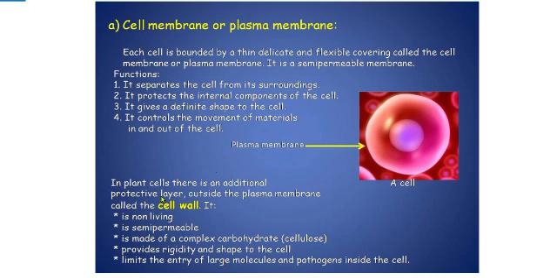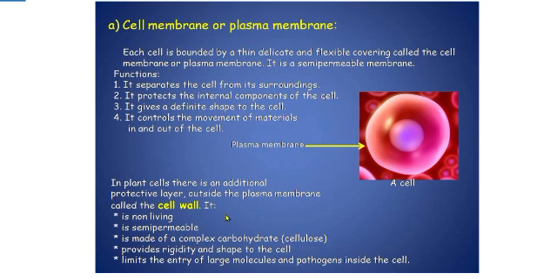Now, in plant cells, there is an additional protective layer outside the plasma membrane called cell wall. An extra covering is present in the plant cell, that is called cell wall. Cell wall is non-living. Cell wall is semi-permeable like the plasma membrane.